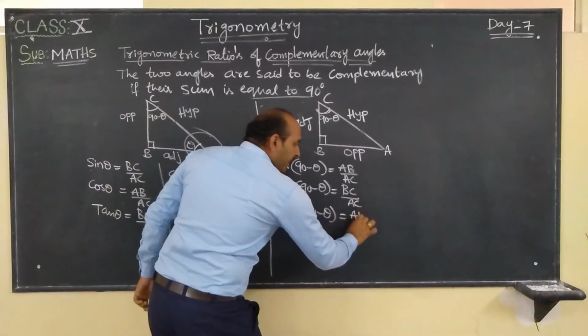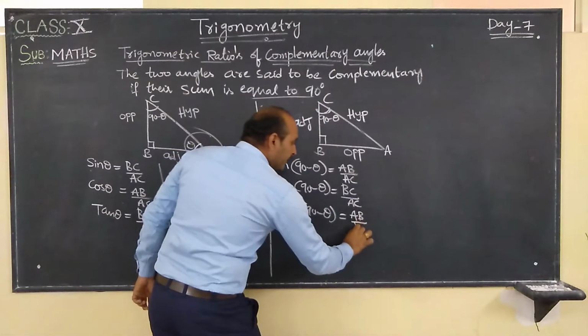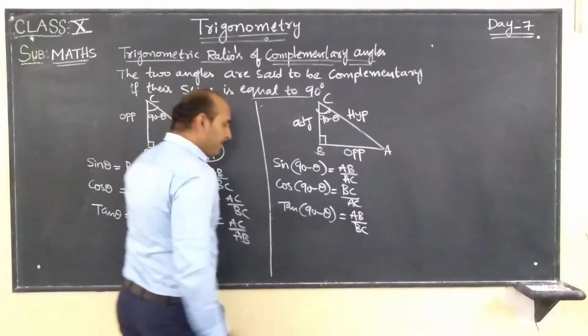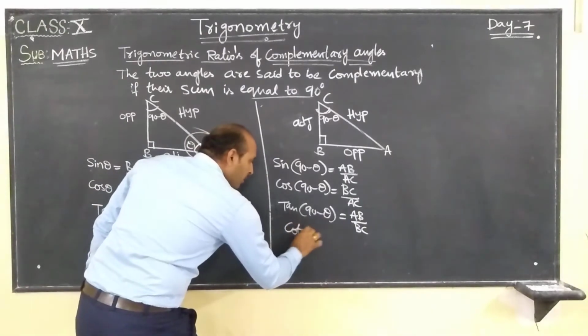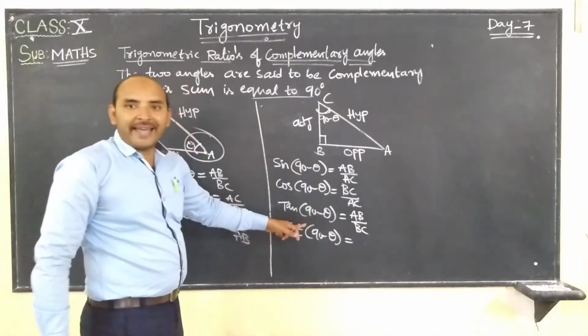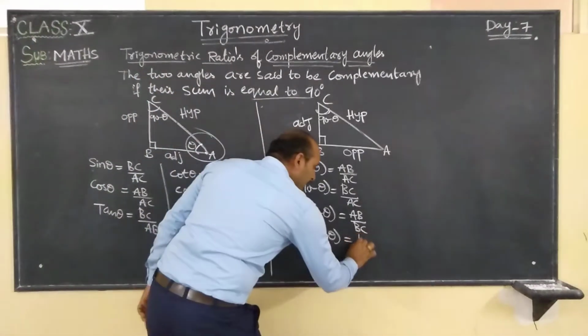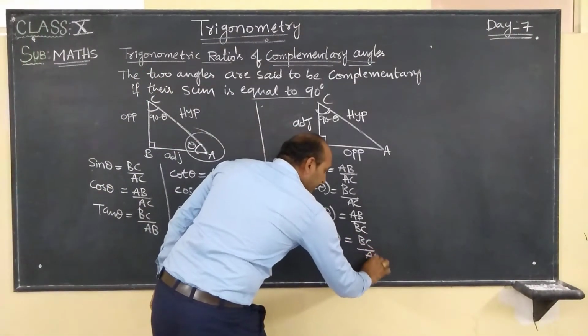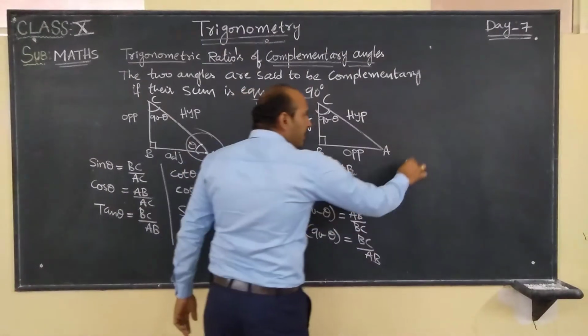So AB divided by BC. Next, cot of 90 minus theta is equal to the reciprocal of tan, nothing but BC divided by AB.